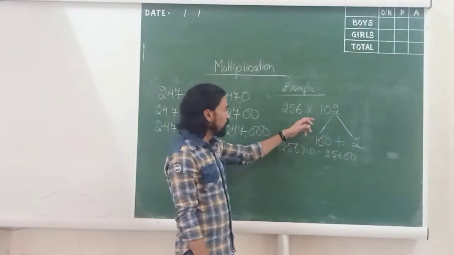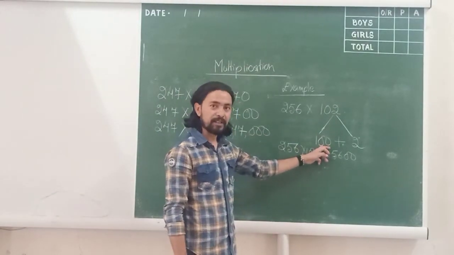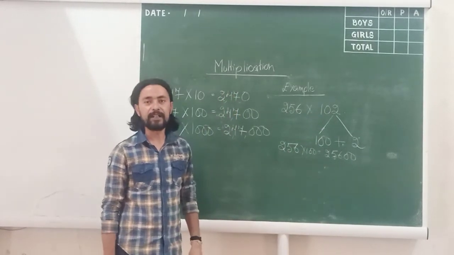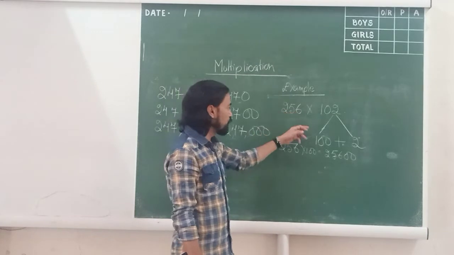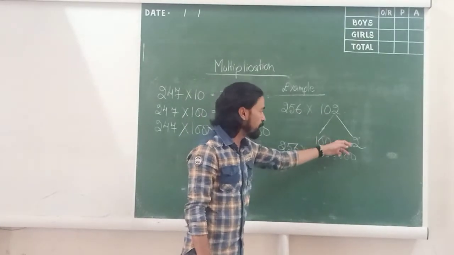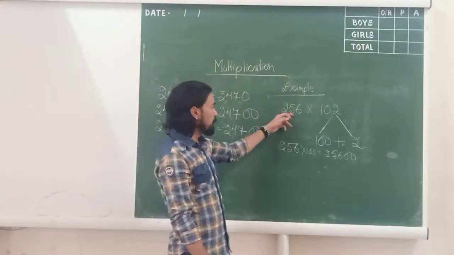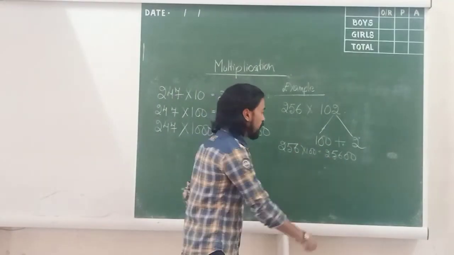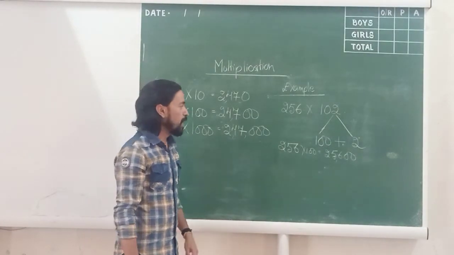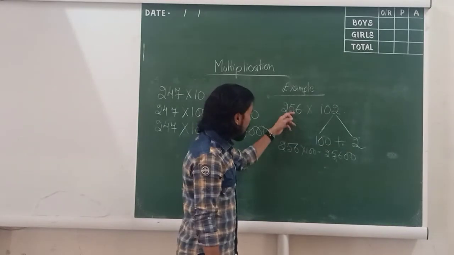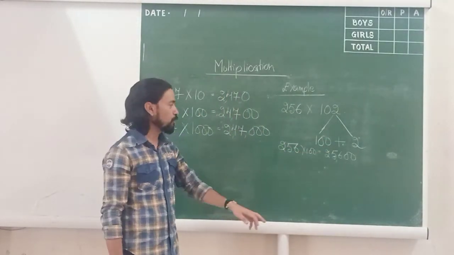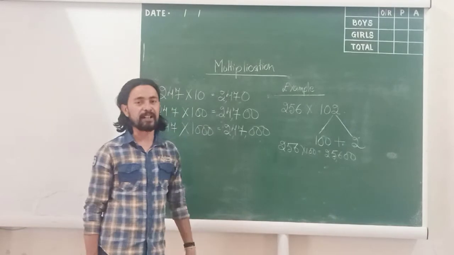But my question is 256 multiplied by 102, not only 256 multiplied by 100. So I multiply 256 by 100 to get 25,600. My work becomes simpler. And now I have to multiply 256 also by 2 and add it to this to get my final answer.